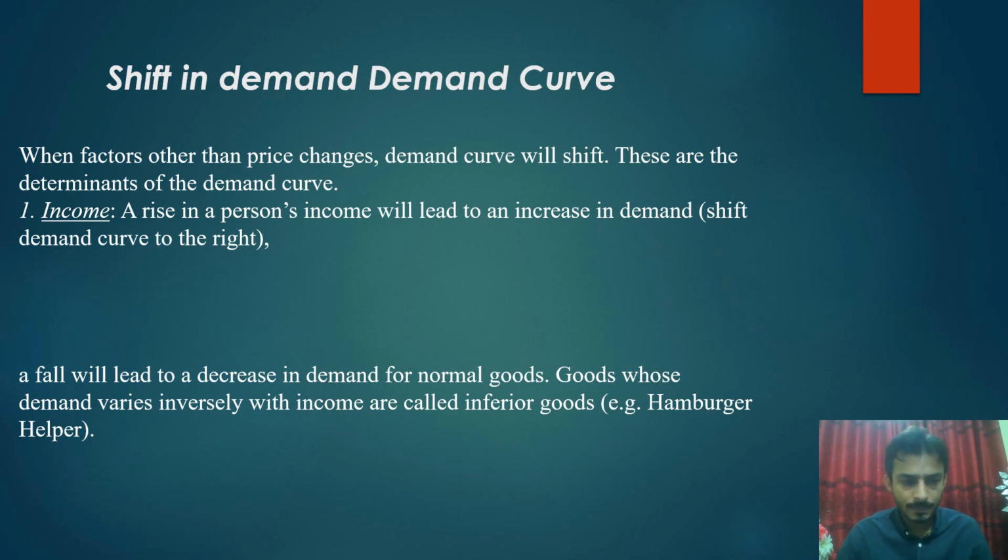So other factors are income. So look at this first one, income. A rise in a person's income will lead to an increase in demand, a shift to the right.